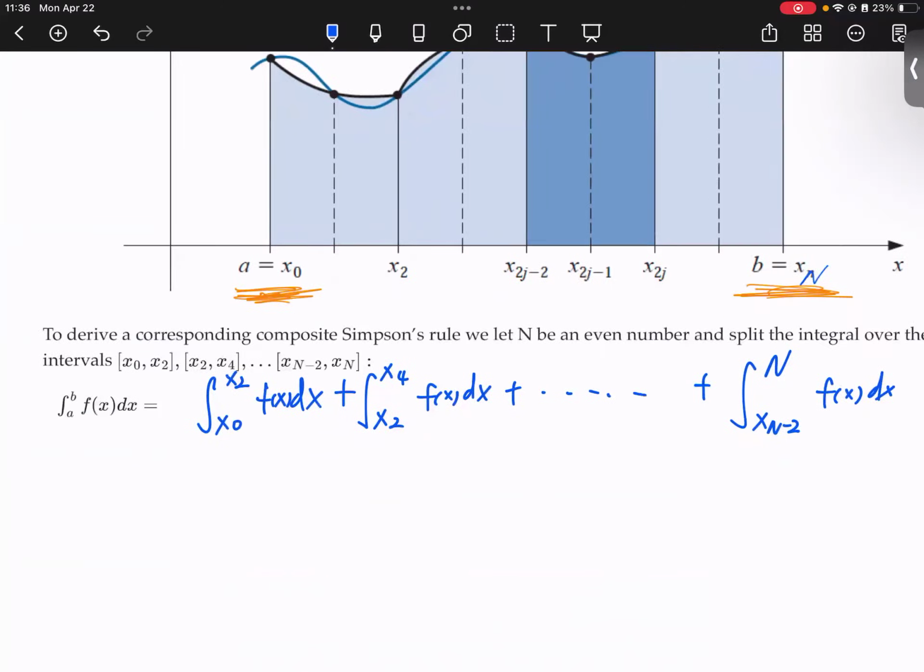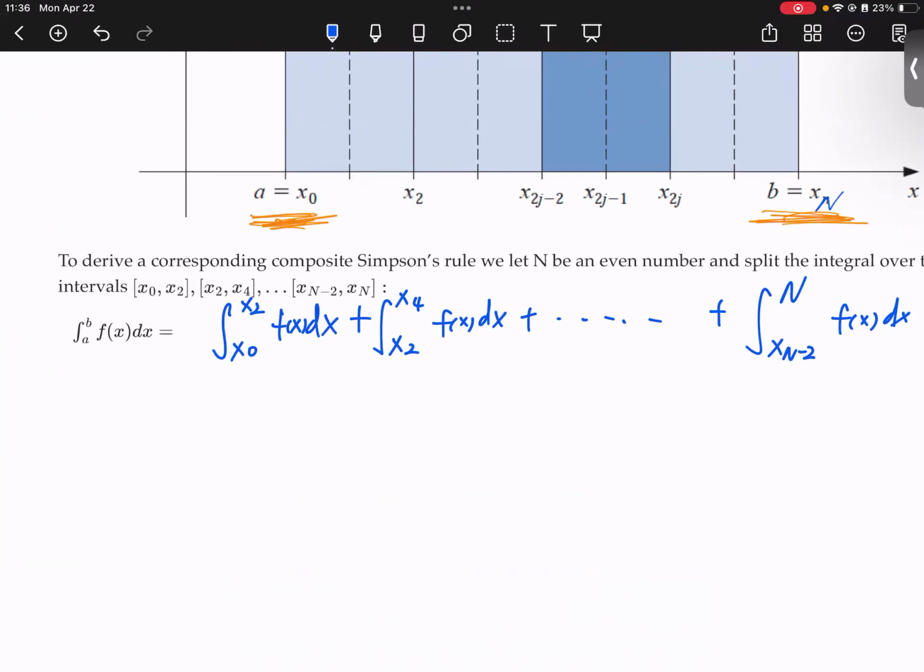I'm going to rewrite these things into a sigma sum, with j equals 0 to... Should I write this?